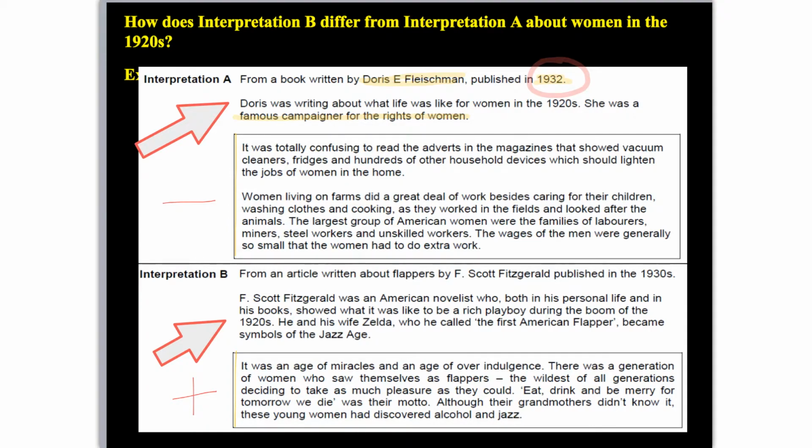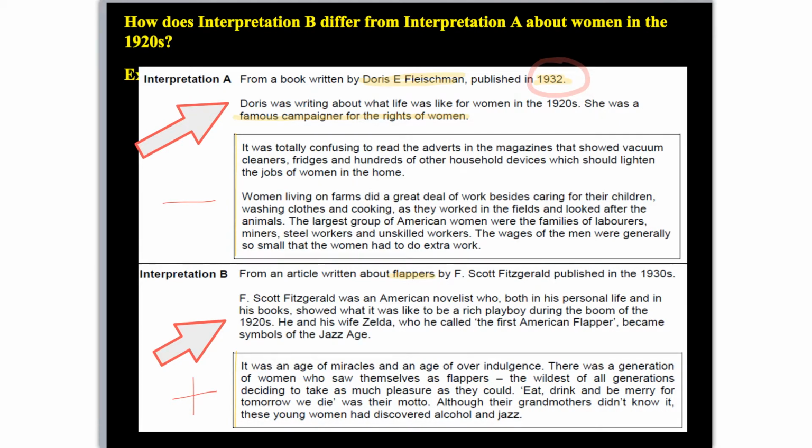Now if we turn our attention to interpretation B, as we put on the left hand side here, Fitzgerald has a much more positive interpretation of the 1920s for women. And so why might that be the case? Well, first of all, it says there from an article written about flappers. Flappers were a small group of urban liberated women in the 1920s.